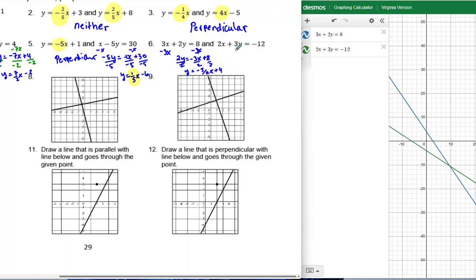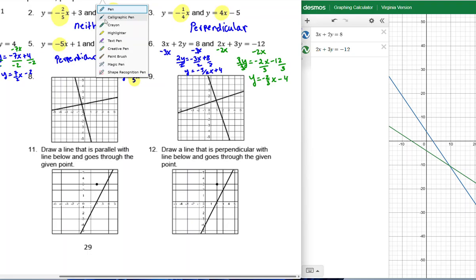And then for this one, negative 2x, negative 2x. So that would be 3y equals negative 2x minus 12, divide by 3, divide by 3, divide by 3. So y equals negative 2/3x minus 4.